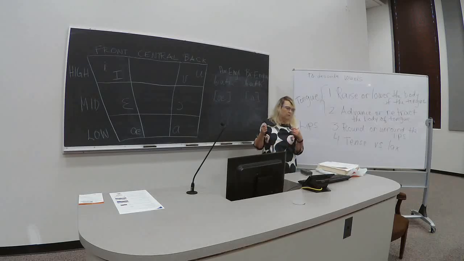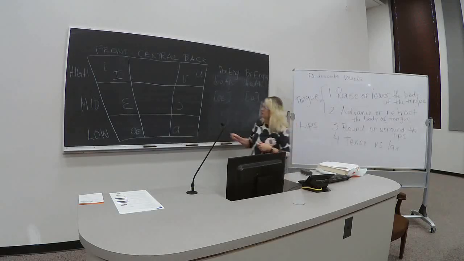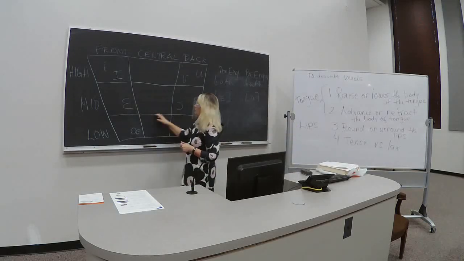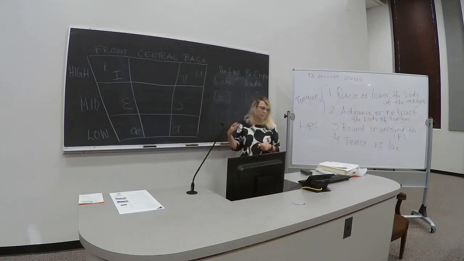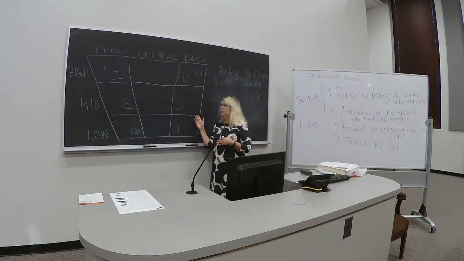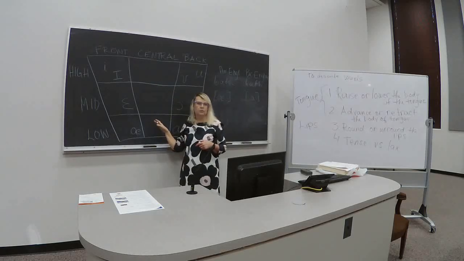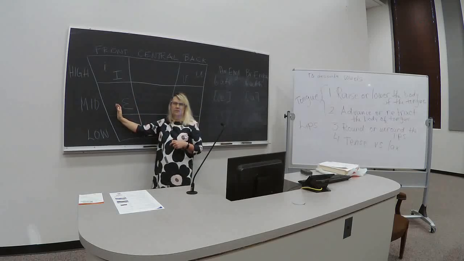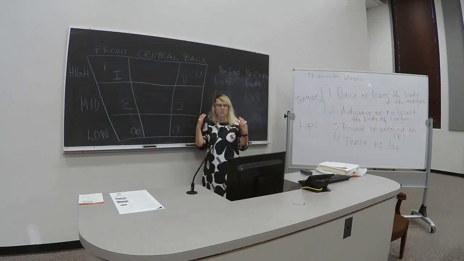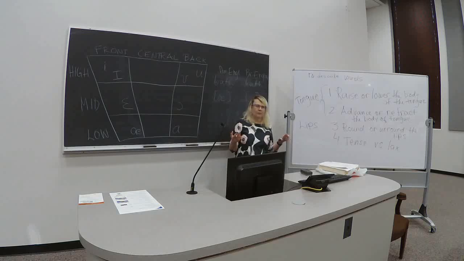Okay, 2 more, and then actually 4 more, but let's talk about the region right in the middle of the mouth, the mid-central region. You produce a vowel so that you do not raise or lower the body of the tongue, and you do not advance or retract it. You just leave it where it is, keep your mouth open and let the air go through.